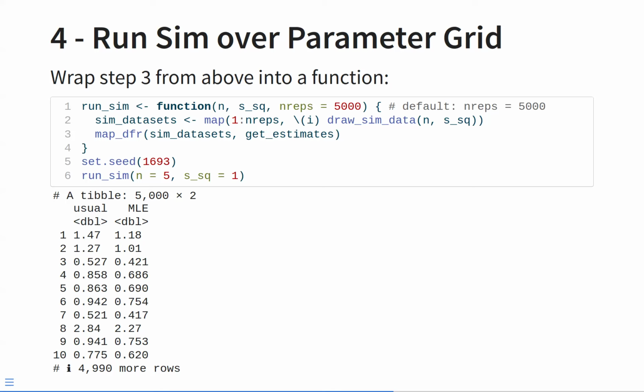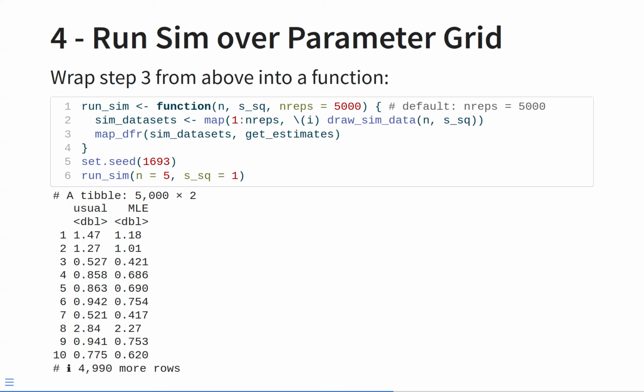Okay, to do this, the first thing I'll do is I will wrap my step 3 from above into a function. This is not actually anything new. This is just exactly the same thing we had before, but now I'm going to wrap it inside of a function. So I've got a new function called runSim, and it takes 3 arguments: n, s squared, and n reps.